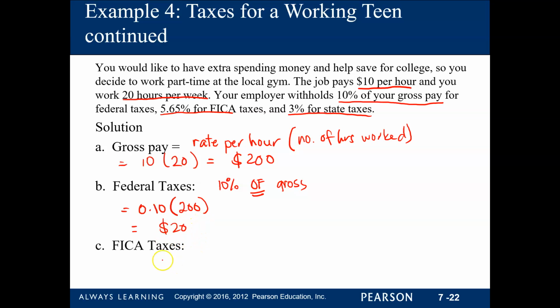FICA tax, again, is applied to the gross pay. This is 5.65% of the gross, so you will be using 0.0565 multiplied by the 200 gross pay, and this amount is $11.30. That's the amount that goes to the FICA taxes.